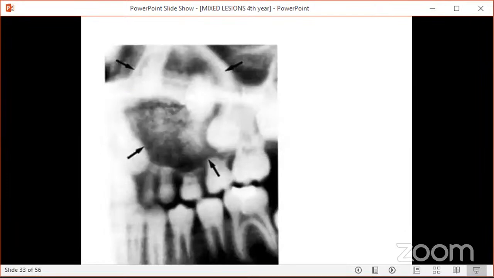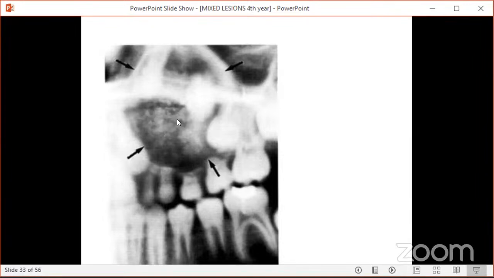So this is such an example of a lesion that's found in the maxilla. You can see that this is a young patient, and the lesion is periapical to the deciduous molars there.